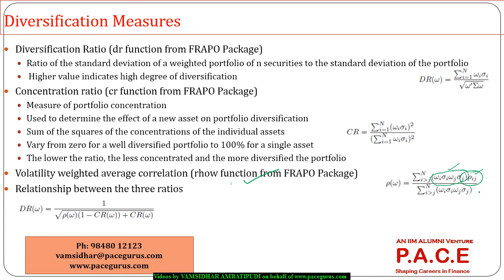If the correlation is much higher between each one of them, obviously this average correlation would also be much higher. Whereas if the overall numbers are much lesser, the weighted average correlation is also much lesser. A lower weighted average correlation indicates more and more diversification.